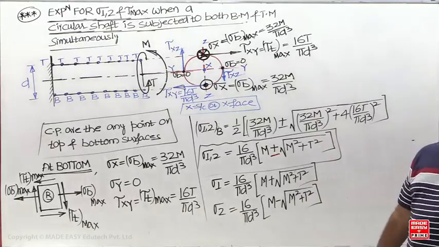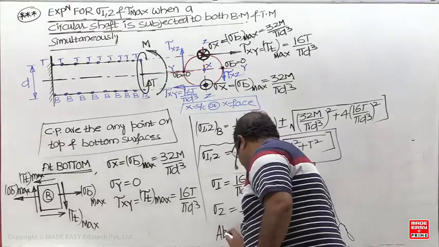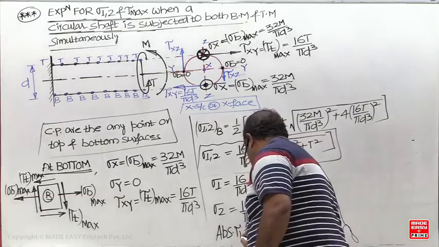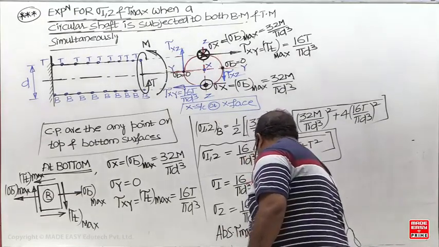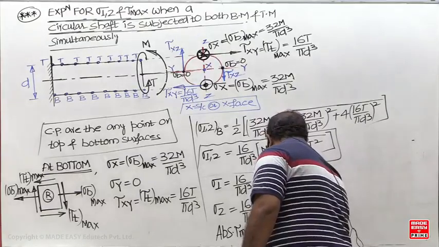So once again, in-plane and absolute are equal. When the principal stresses are unlike in nature, in-plane and absolute are equal: sigma 1 minus sigma 2 by 2.